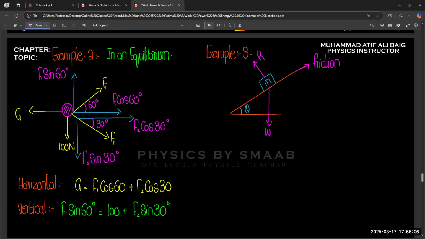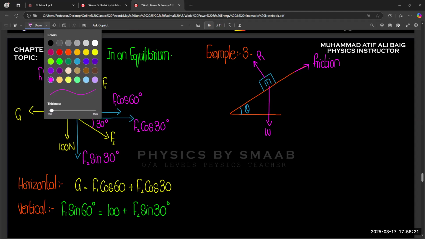And to make this body in equilibrium state, because right now it is not in equilibrium state, we need to identify the other components of the forces. So we need to make the components of the weight of the object, because weight is not in the direction of that normal reaction.